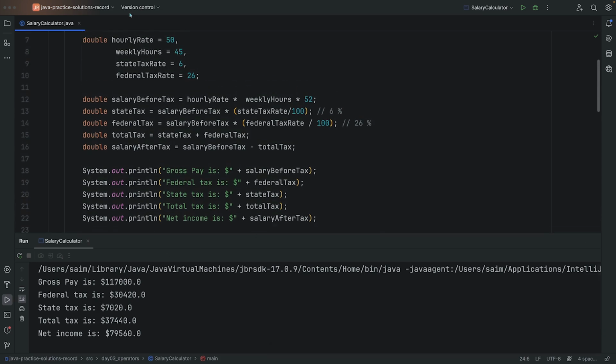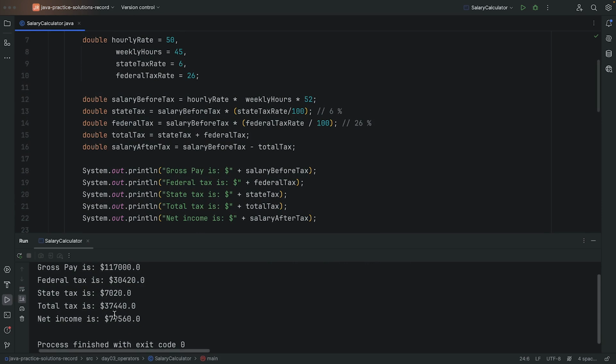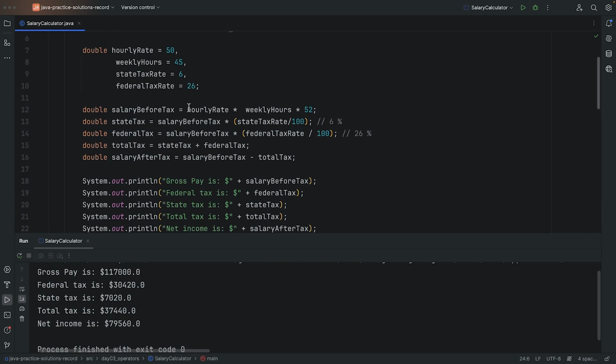So according to my values here, this is what I get. According to these rates, if I work for $50 an hour and I work 45 hours every week, my base salary is going to be basically $117,000.